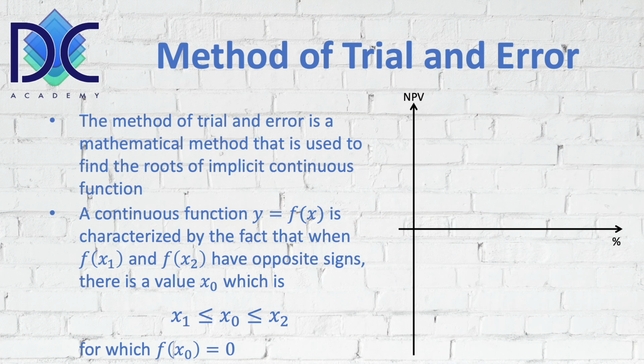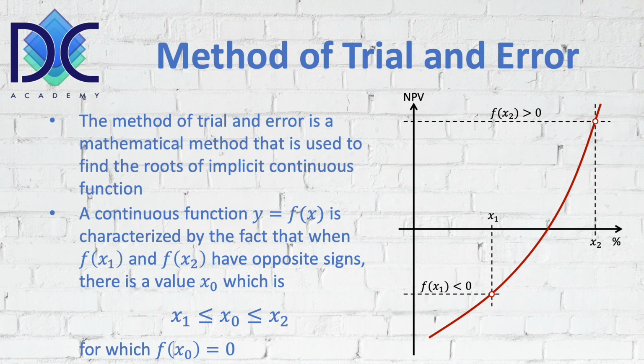A continuous function is a function you draw without lifting the pen from the paper. And when we have on one side a negative value and on the other side a positive value, the property of the continuous function is that we have to pass through zero somewhere.